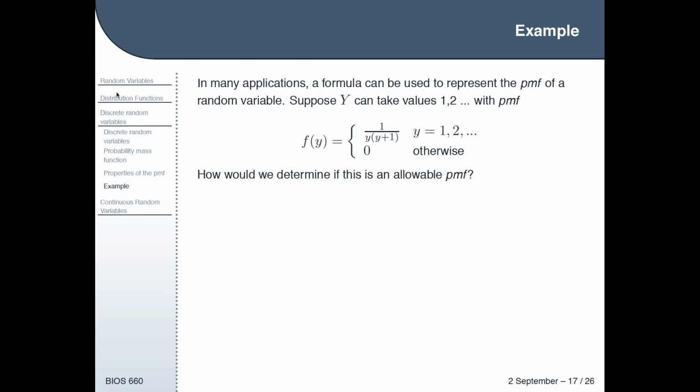So for any a, the probability that y is in some interval really close to a is approximately equal to f of a times the width of the interval.